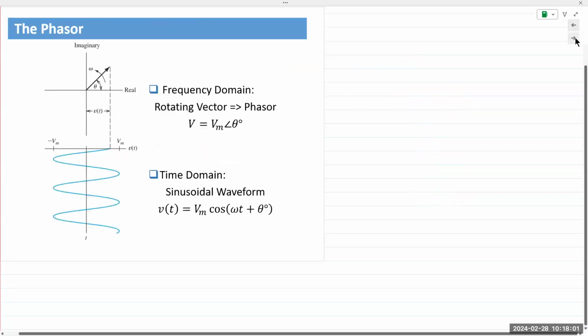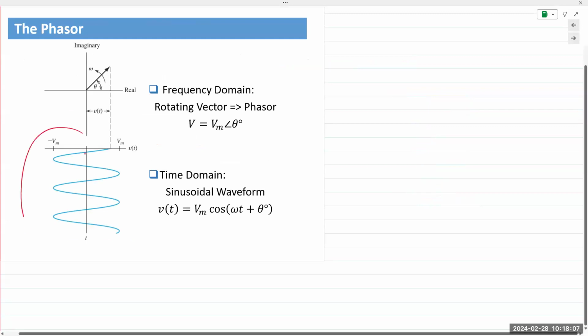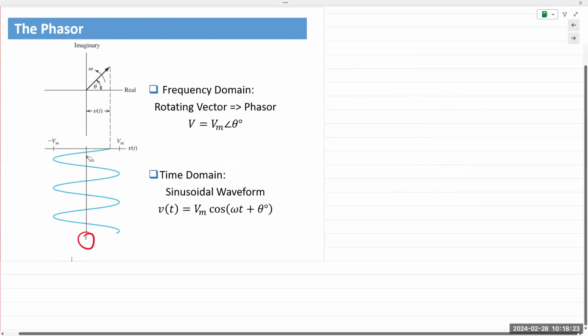All right, a phasor is nothing but a rotating vector in the complex plane. This is the time domain expression. We have a waveform that has a different value at any given point in time. It's a function of time on the x-axis. It's rotated just for illustration purposes.